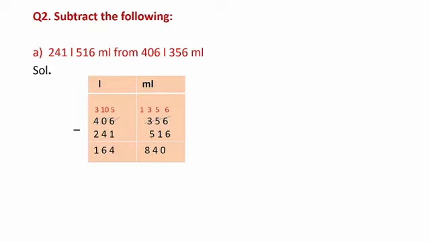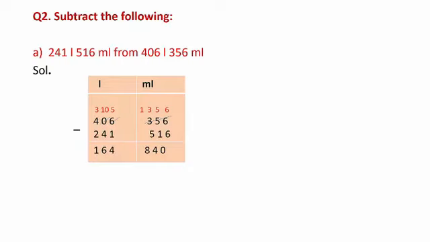When we convert 1 liter into milliliter, it will be 1000 milliliter, since 1 liter equals to 1000 milliliter. So 1000 milliliter plus 356 milliliter will become 1356 milliliter.